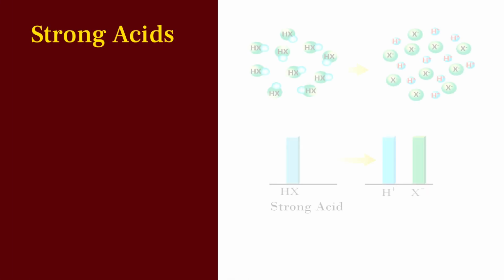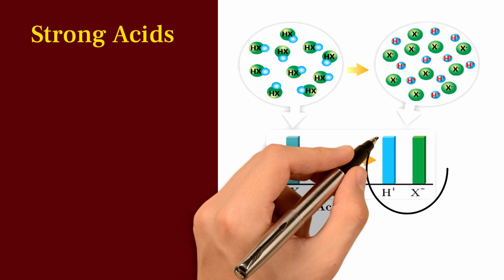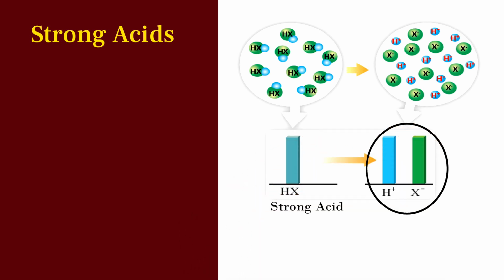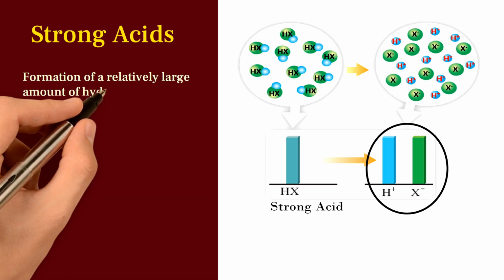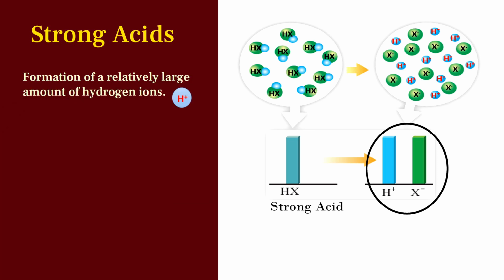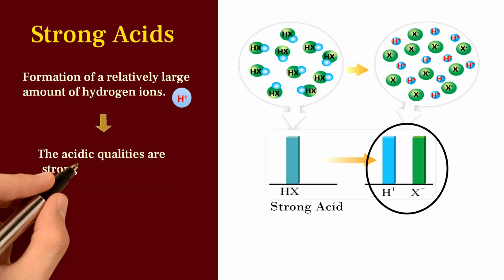Strong acids. If the acid is strong, most of its molecules are ionized when dissolved in water, as we see. This leads to the formation of a relatively large amount of hydrogen ions. The acidic qualities are strongly pronounced.